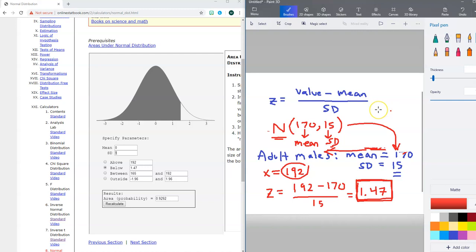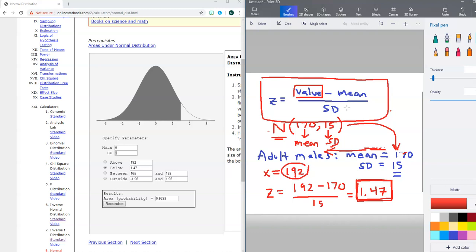And then finally, the formula that we used right up here is assuming that we are dealing with a normal distribution of individual male weights, so that the value was just one individual male's weight. And we worked it out and were able to get percentages above, below, and in between certain individual male weights.